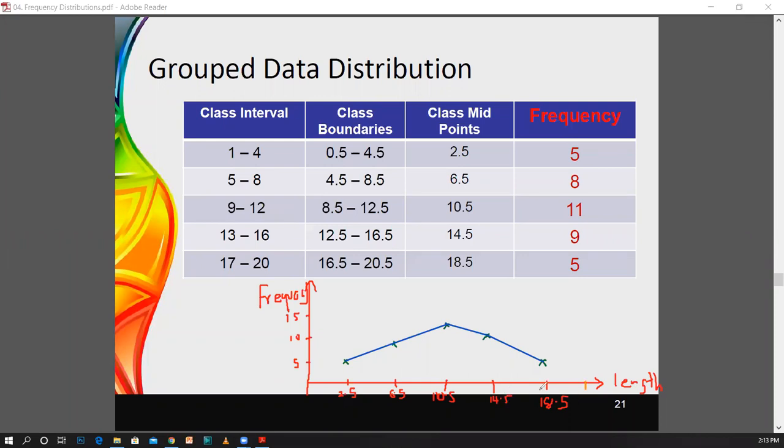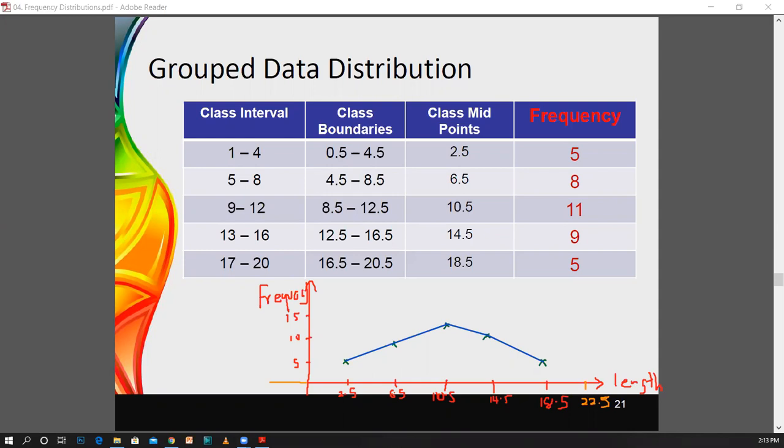Since the difference between any two class midpoints is equal to 4, here we have the next class midpoint as 22.5. But here we are going to the negative side. If it were possible, we would definitely get an amount from this side also, but in this situation we can just connect them with zero.